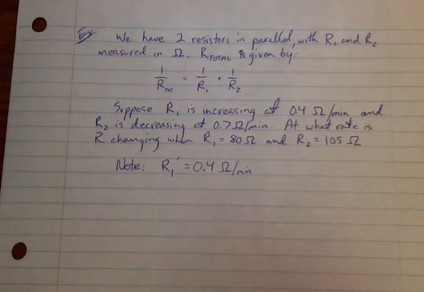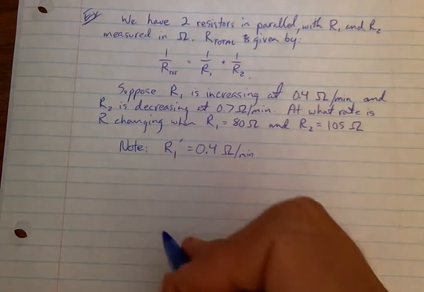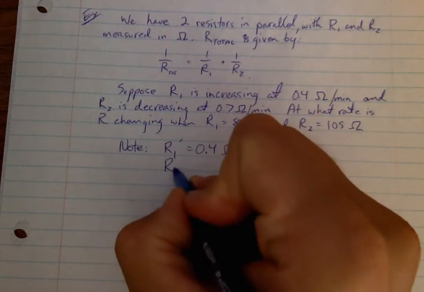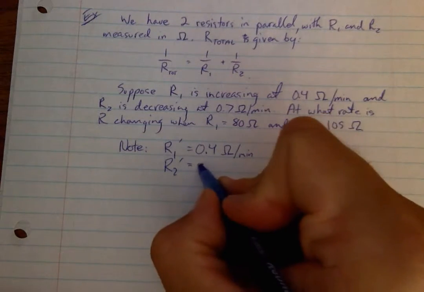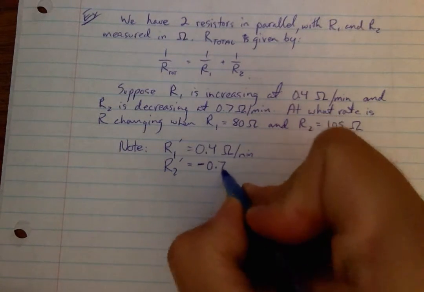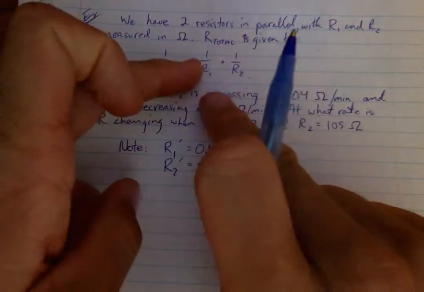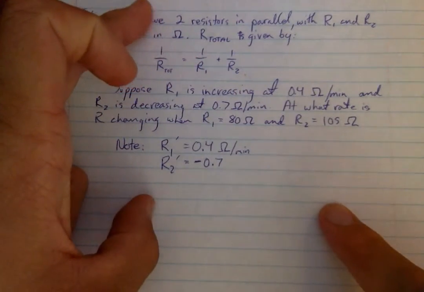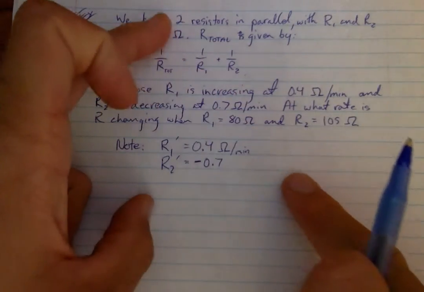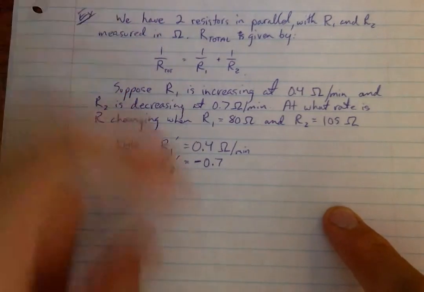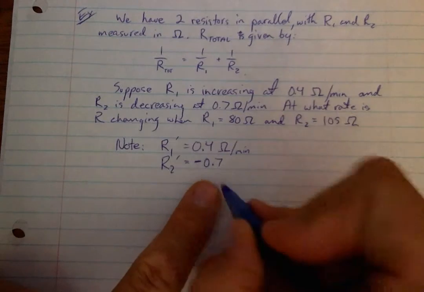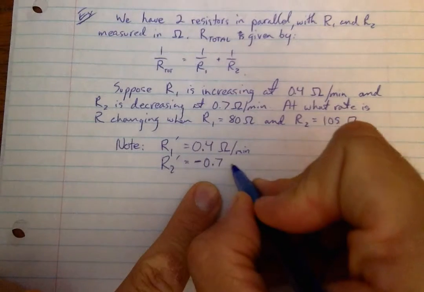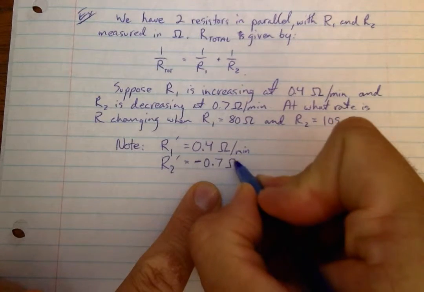Now R2 is decreasing, and this is a perfect time to put in that negative 0.7, because in the last one, when the things were going apart, the total was getting greater. But in this one, this is not going to contribute to a greater whole. It's going to lessen the whole because the resistance is getting smaller.